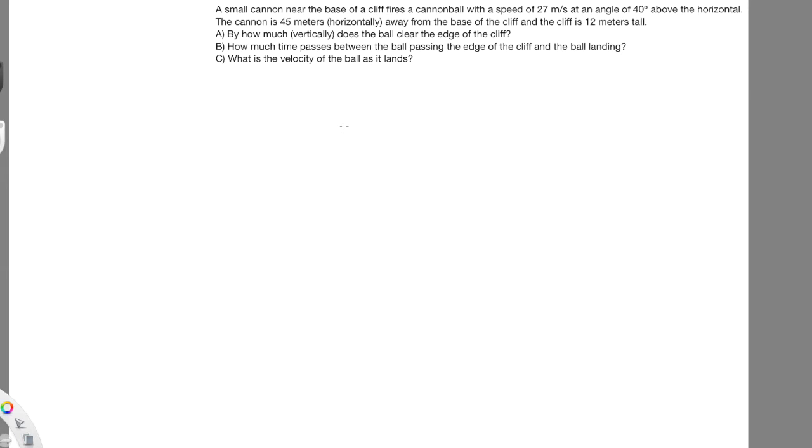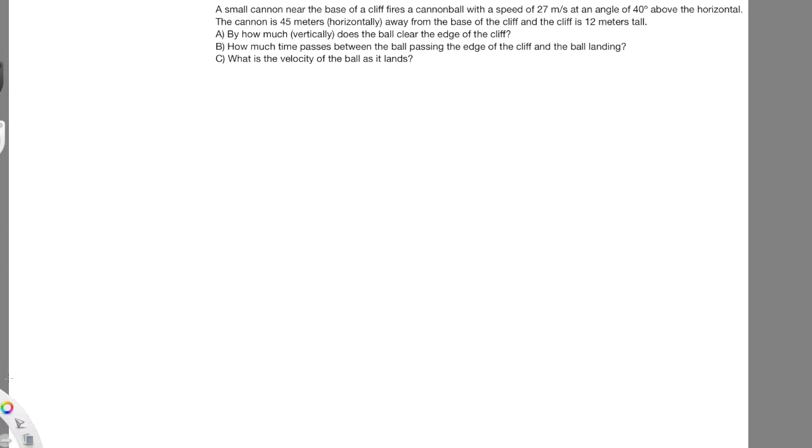And if the cannon is 45 meters horizontally away from the base of the cliff and the cliff is 12 meters tall, we want to know by how much vertically does the ball clear the edge of the cliff, how much time passes between the ball passing the edge of the cliff and the ball landing, and again, what's the velocity of the ball as it lands.